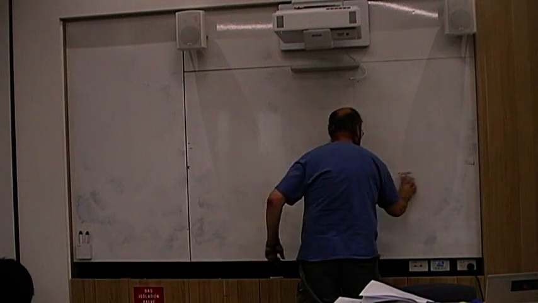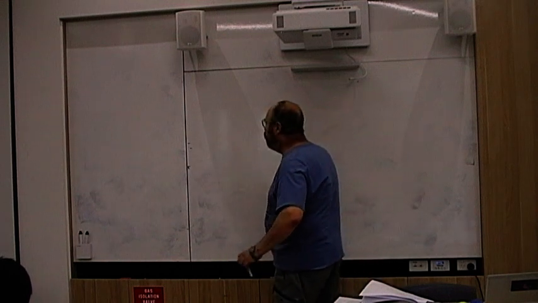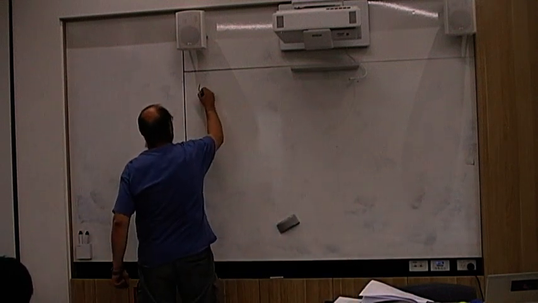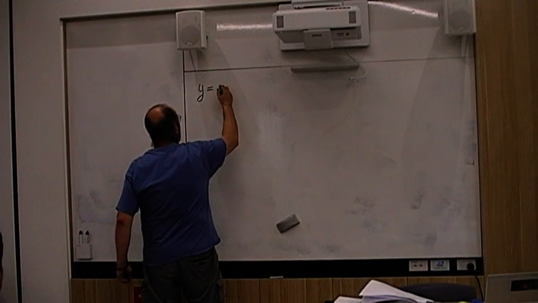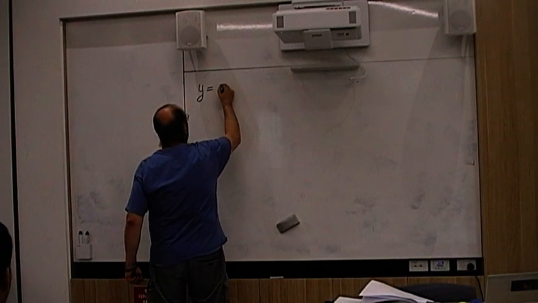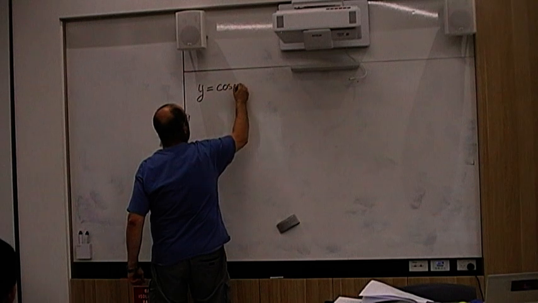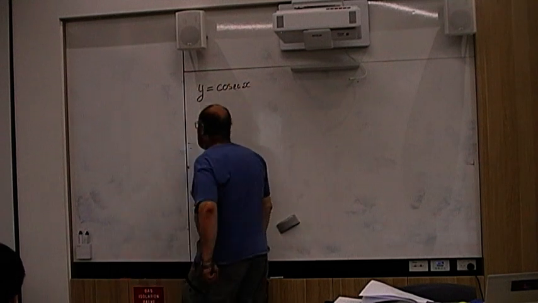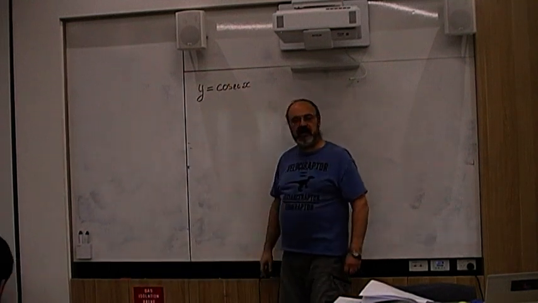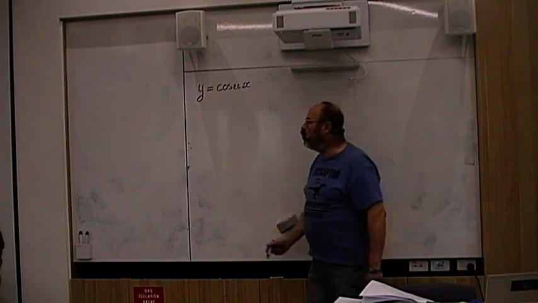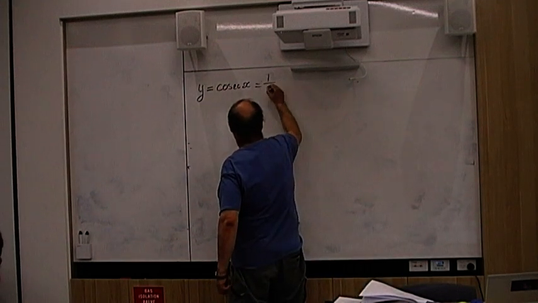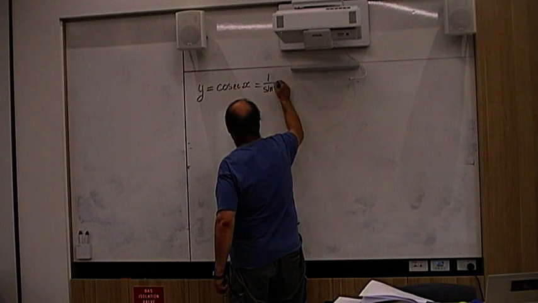So to sketch the graph of y equals cosecant x, what is cosecant? 1 on sine x.